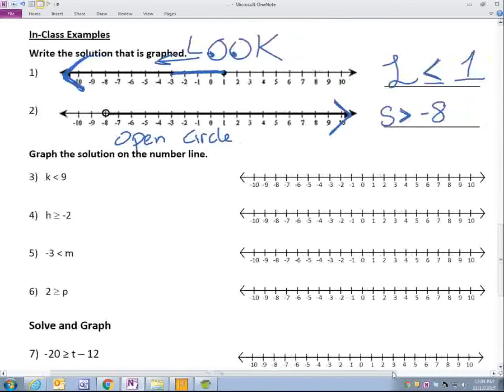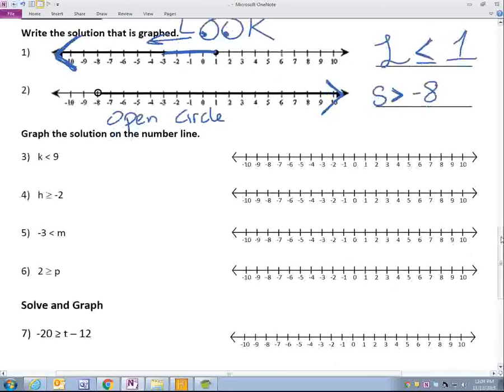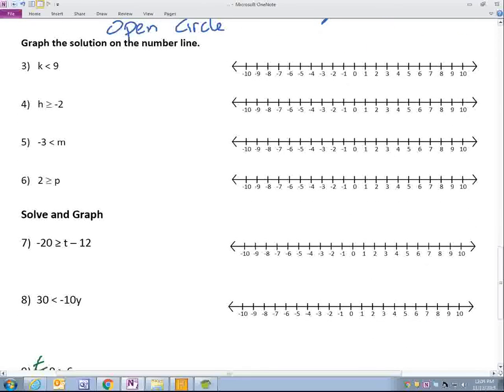Okay. Graph the solution on the number line. The first one, there's nothing to solve. It's already there for us. We see k is less than 9, so I'm going to go to 9. I'm going to circle that, and I'm going to double check to see if I need to color it in or not. Do I need to color it in?